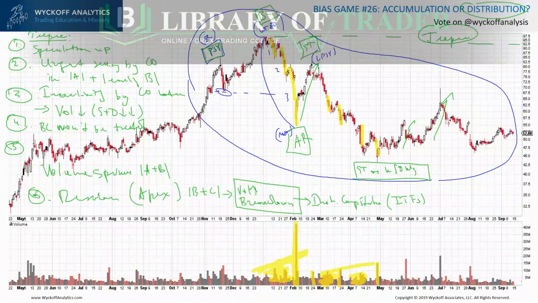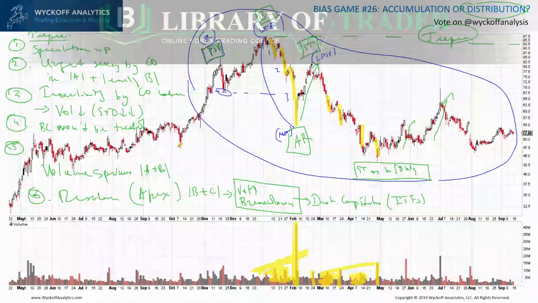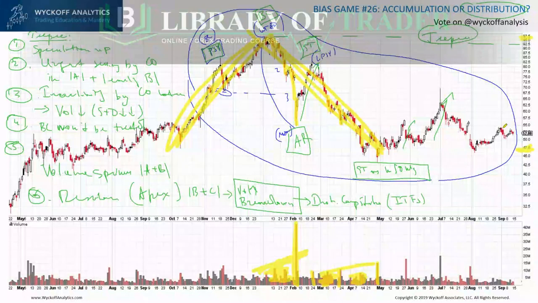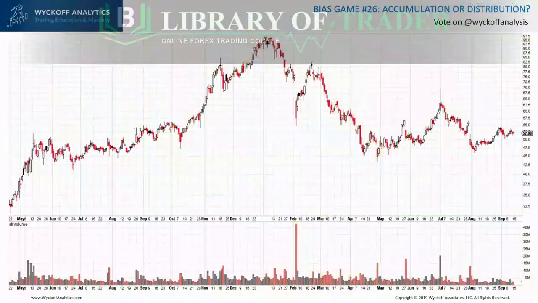And it produces a meaningful reaction. All of the gains that we had before are all gone. So this is a significant move to the downside. On a percentage basis, we're looking at a 50% decline or so. So we are in the downtrend at this point in time.